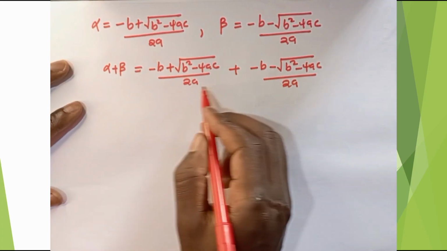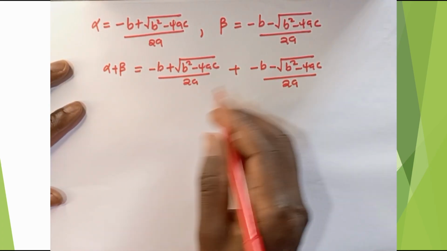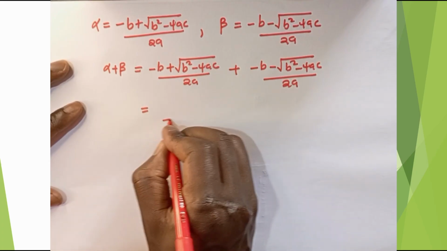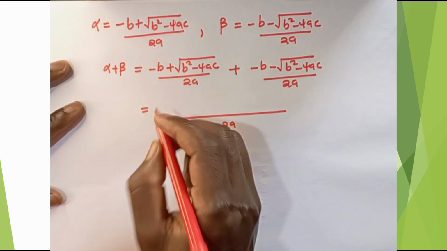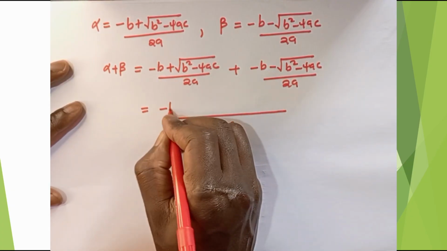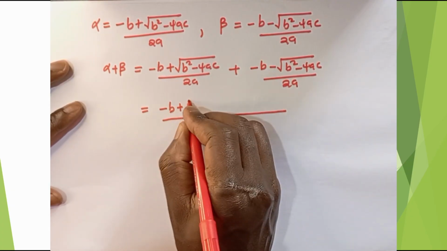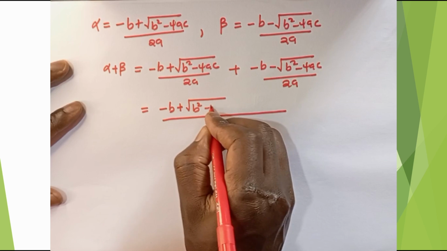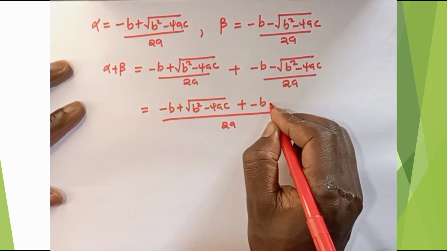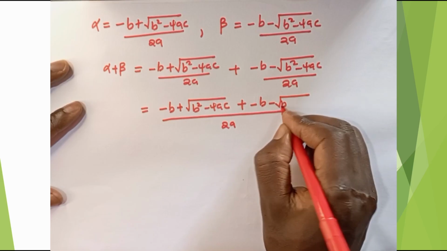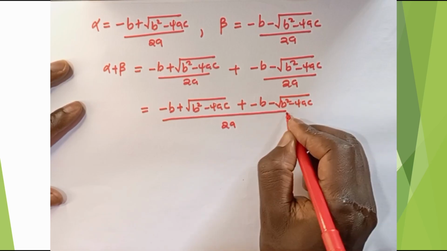If you look at it clearly, the LCM is 2a. So this remains negative b plus the square root of b squared minus 4ac, plus negative b minus the square root of b squared minus 4ac.